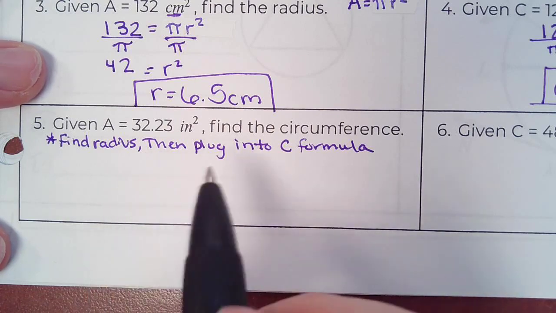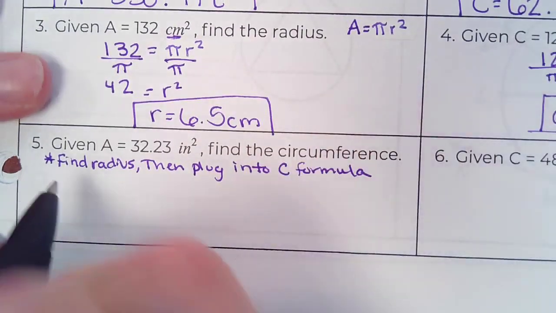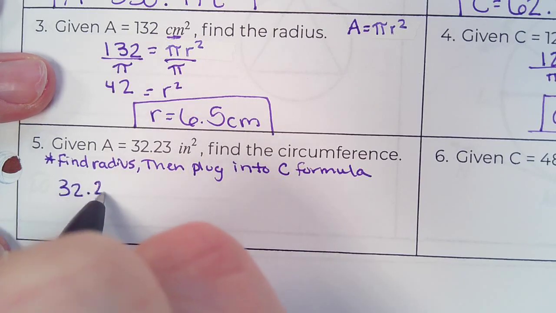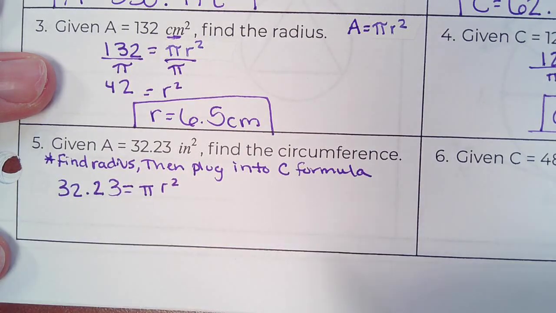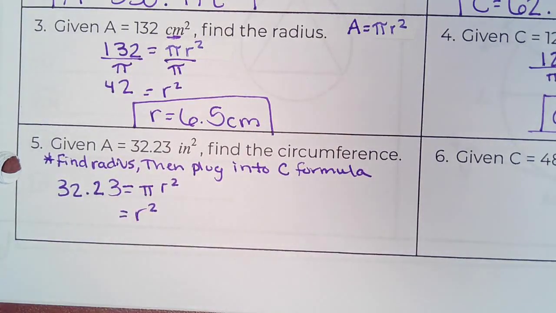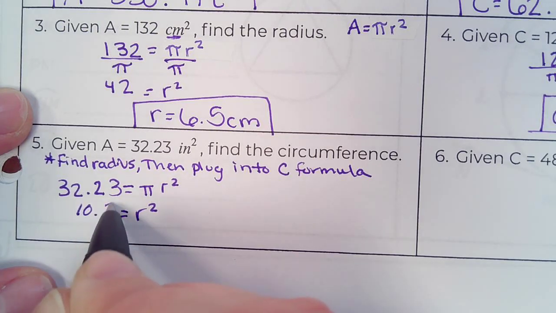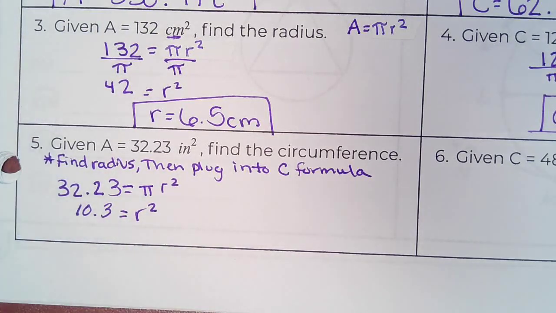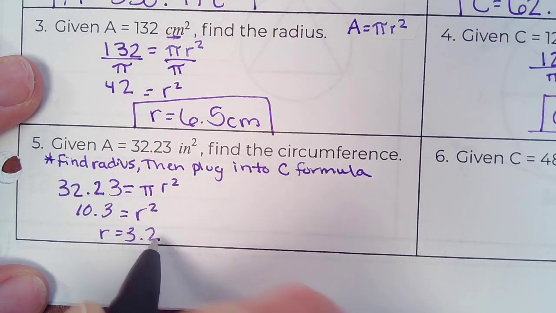So I'm going to use A equals pi r squared. So 32.23 equals pi r squared. First, divide by pi. So r squared equals 32.23 divided by pi, getting 10.3, and then square root that. So square root of my answer is 3.2. So r equals 3.2.